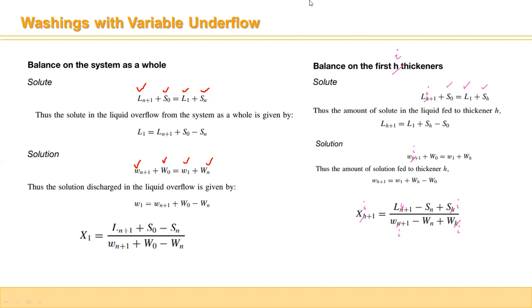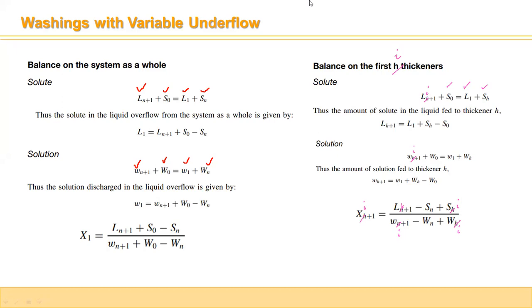Okay? So there's a question. Would X2 be equal to X1? What do you mean, Bobby? Concentration of the wash water leaving thickener 2 equal to the concentration of the wash water leaving thickener 1? Yes, miss. No. It's not that simple, because as your wash water proceeds in countercurrent washing, it carries with it more and more solute.